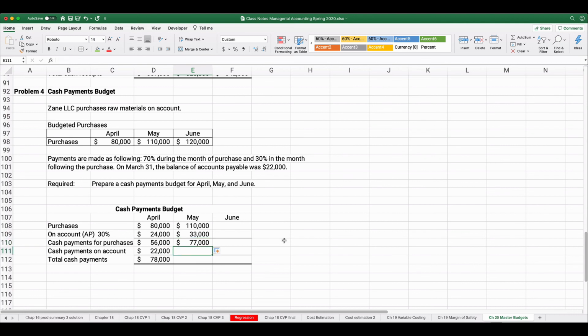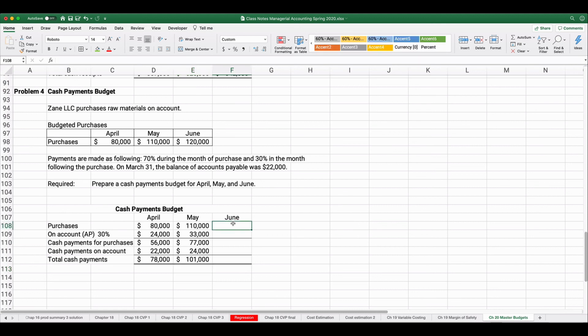The cash payments on account is going to be the preceding $24,000. So we're going to pay $77,000 cash plus cash on the other purchases on account. So we're going to pay a total of $101,000 for the month of May.